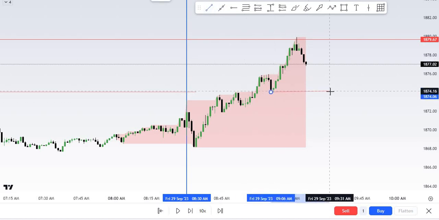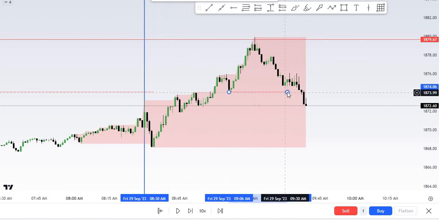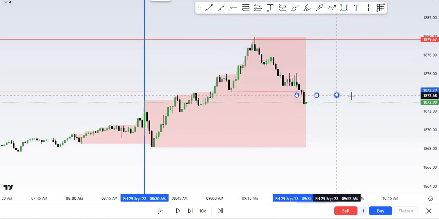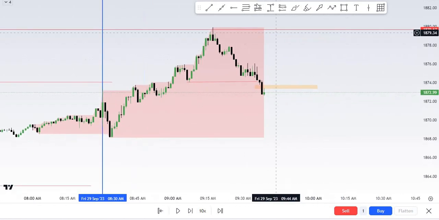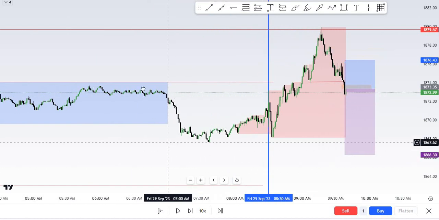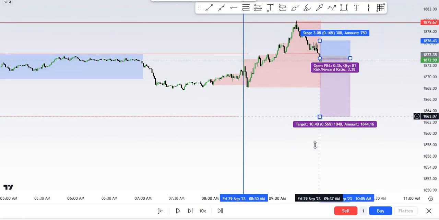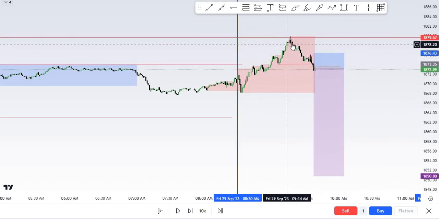Here was my setup: the market must take out this fair value gap, and after we get a fair value gap here, in this area, we can set our sell limit, upside to this high, and target the opposite side liquidity first. The second target I caught as per my daily bias, that was almost 200 plus pips, but I took this trade from here, from this engulfing candle, because it had already swept.